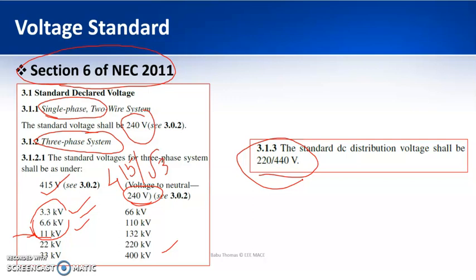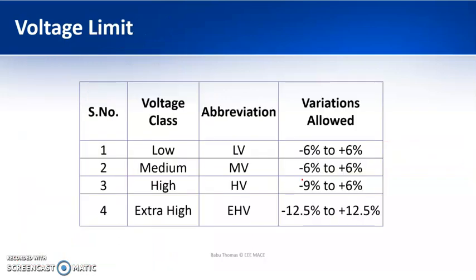Even though we have these specified values, a certain bandwidth is allowed for the voltage levels. The voltage level is defined for four different sections, that is low voltage, medium voltage, high voltage and extra high voltage. We will also see what voltages come under low, medium, high and extra high.